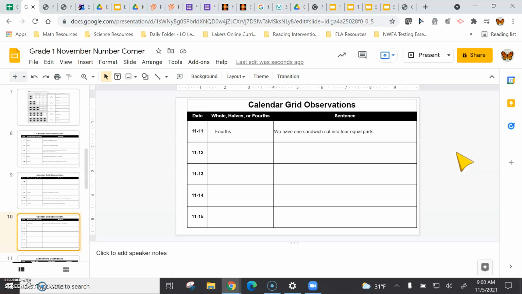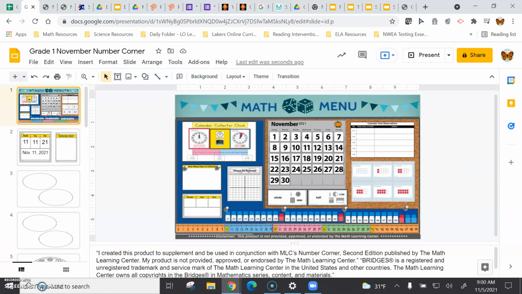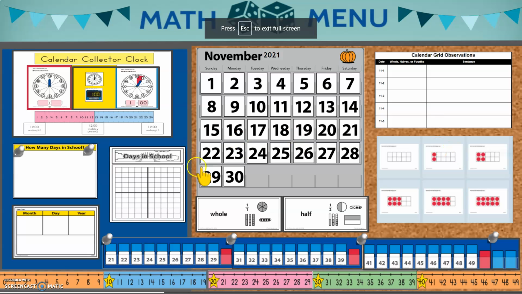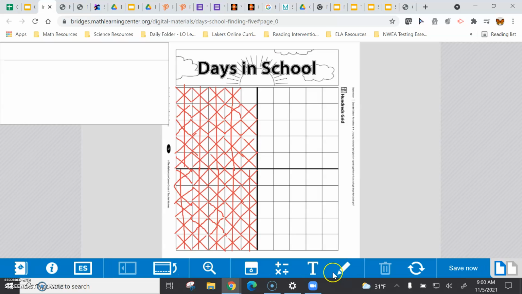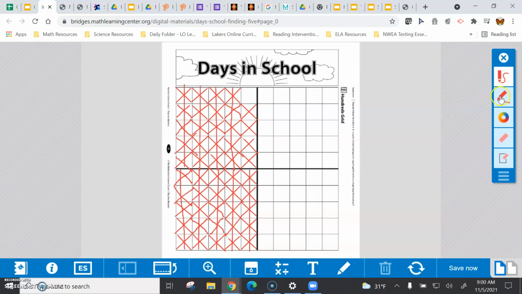Very cool. We're going to go to our next activity, which is adding on a day in school. We made it to the 50th day of school. How cool! 50 days in school.